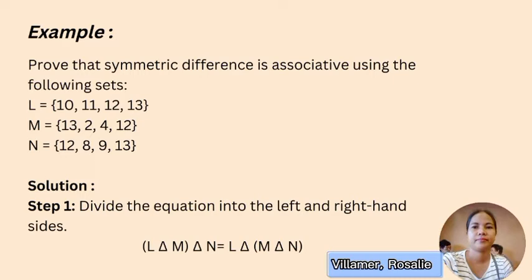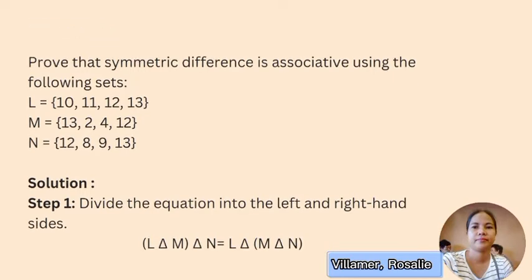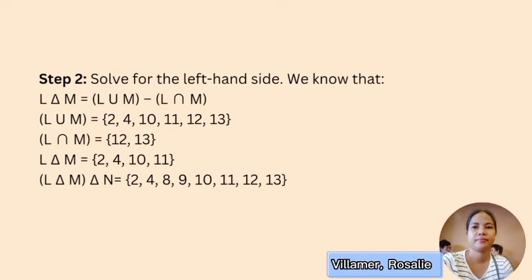Here are the steps that we need to follow in finding the solution. Step 1. Divide the equation into the left and right-hand sides. The symmetric difference of L with respect to M, delta N, is equal to L delta the symmetric difference of M and N. Step 2. Solve for the left-hand side.